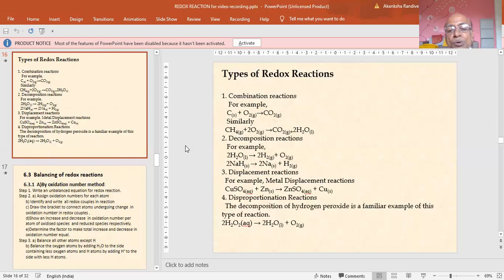This is a disproportionation type of reaction. Here, in H2O2, the oxidation number of oxygen is -1. It changes to -2 in H2O and 0 in O2. So this is a disproportionation type of reaction.